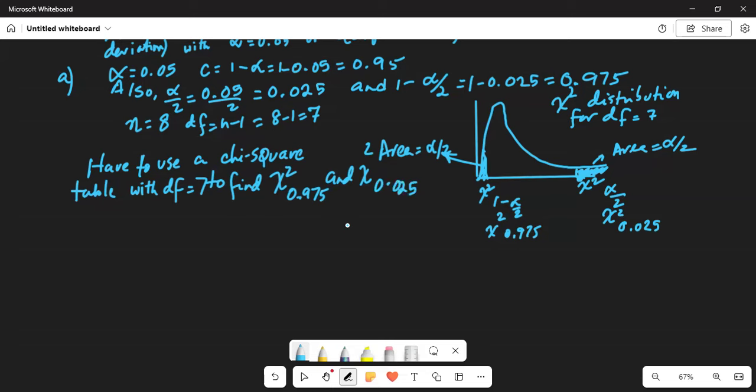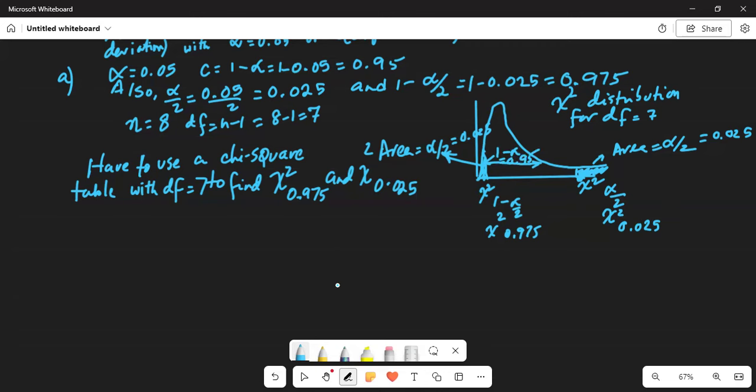So this is 0. Alpha by 2 is 0.025 area in the left tail, and this area is also 0.025, and the area in the center is 1 minus alpha, or 0.95.